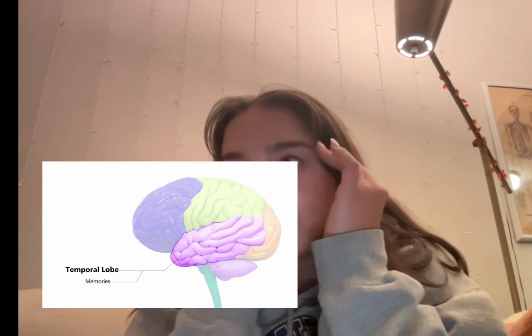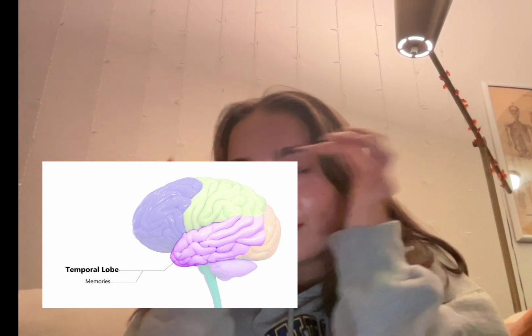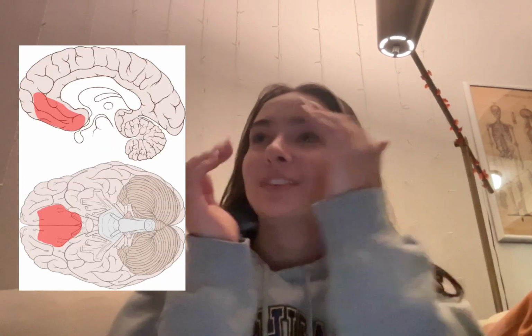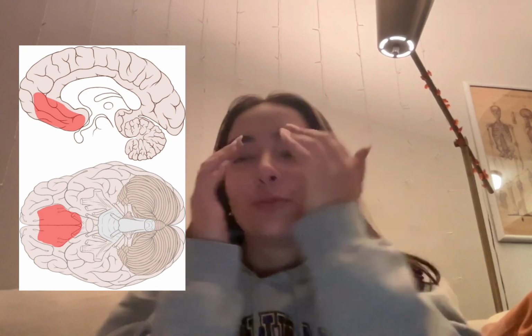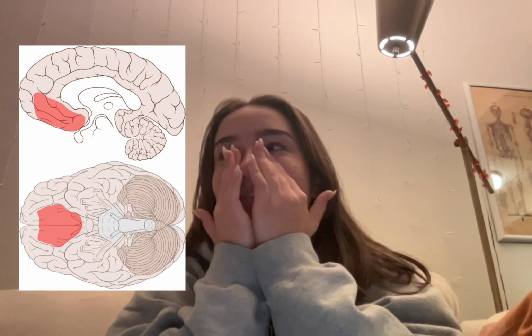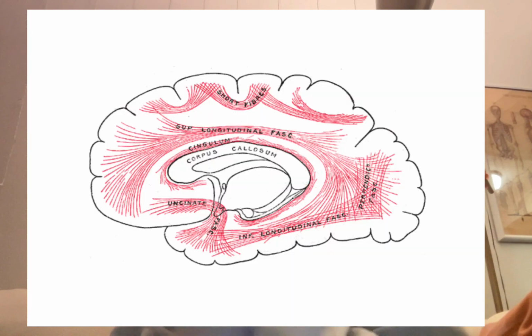So in your brain, that's right here and in the middle. Okay. And the ventral prefrontal cortex. So your prefrontal cortex is in there and it's down a little bit. Yeah. And they are connected by a pathway called the uncinate fasciculus. Say that. Uncinate fasciculus. Yep.